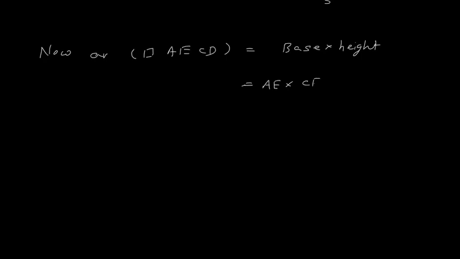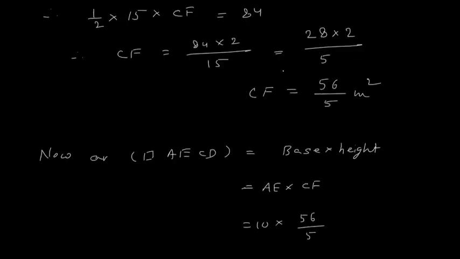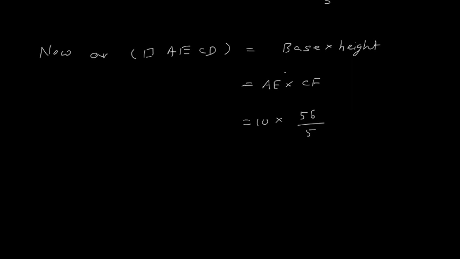So this is 10 into 56 upon 5. Now 56 upon 5, 5 twos are 10, so 10 into 56 gives 112. Now area of this quadrilateral is 112 meter square. This is area of the parallelogram.